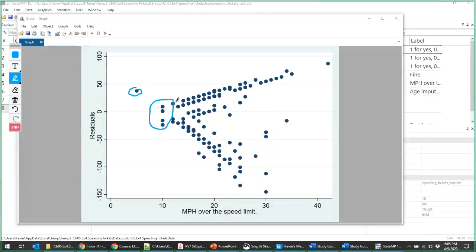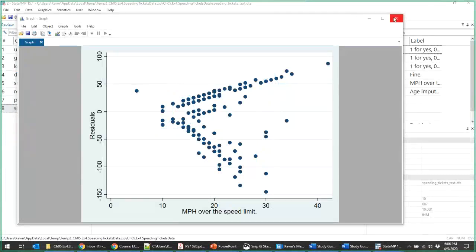But when people are like 8, 9, 10 miles an hour over the speed limit, our model does pretty well. It's usually predicting the price of the ticket within like $20 or $50. However, when some people are 20 or 30 miles over the speed limit, the variance in the amount of their ticket goes way, way up. So this is kind of clear eyeball evidence of heteroskedasticity. I'd be super surprised if when we do the formal test, we don't find heteroskedasticity in this case.